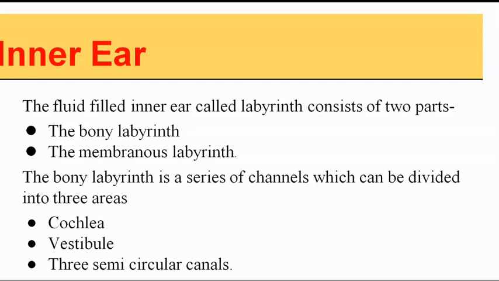So this inner ear, which is also called the labyrinth, consists of two parts: the bony labyrinth and the membranous labyrinth. And the bony labyrinth is a series of channels or tube-like structures, which can be divided into three regions, that is the cochlea, vestibule, and semicircular canals.